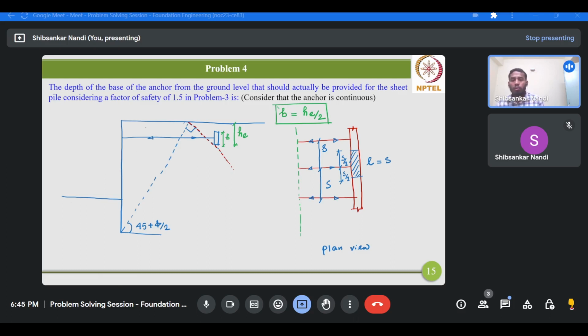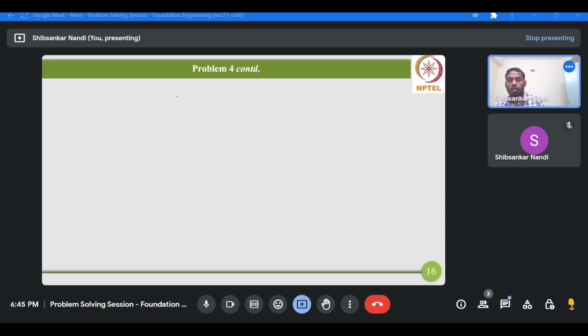Now what we'll do, we'll try to determine the earth pressure diagram for this anchor width. Suppose this is the anchor, and this is basically placed at a depth of He by 2 and this height also He by 2.